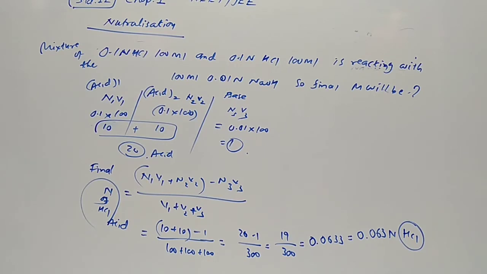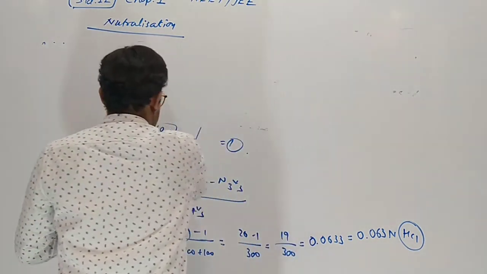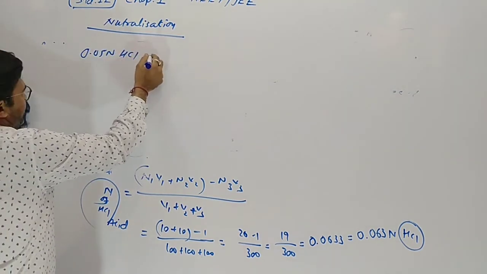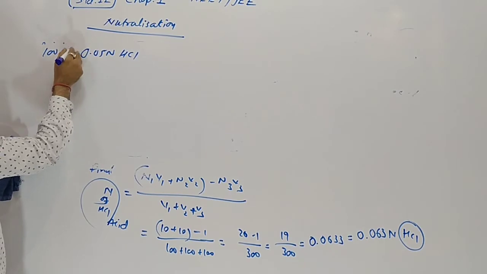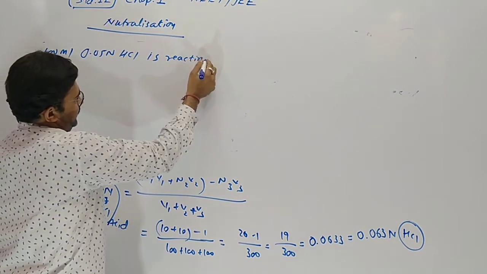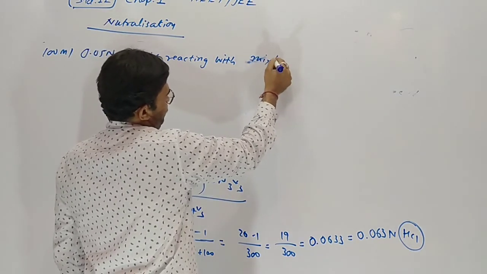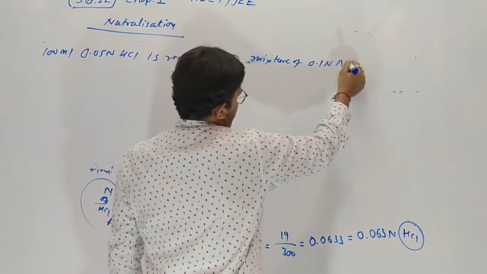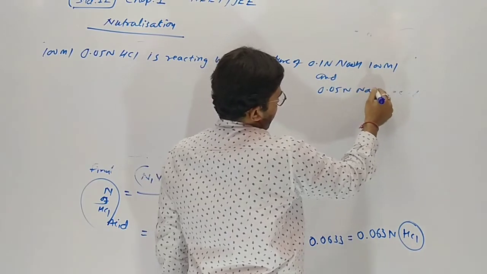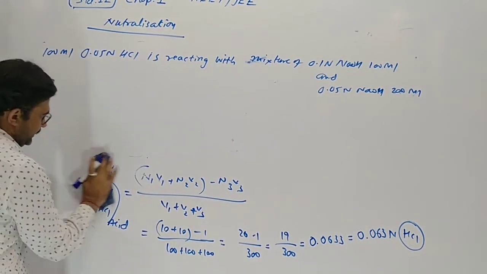Sometimes two bases and one acid are given. 100 ml of 0.05 normal HCl is reacting with a mixture of 0.1 normal NaOH, 100 ml, and 0.05 normal NaOH, 200 ml. So what will the final normality be?